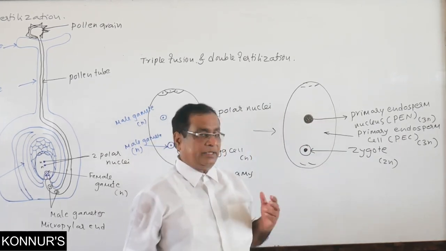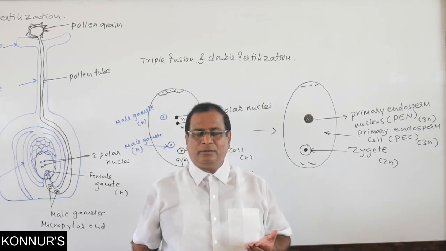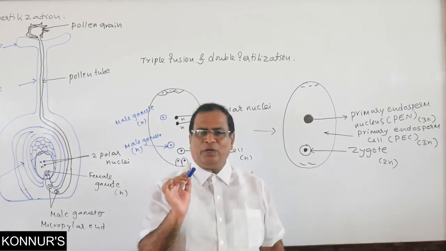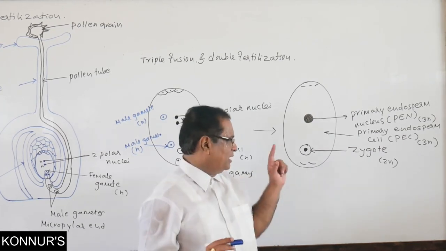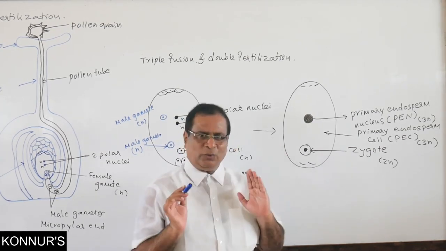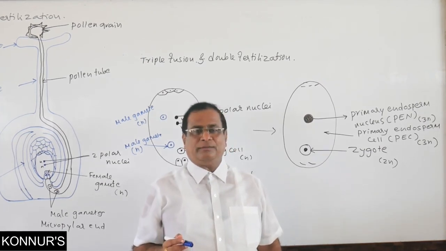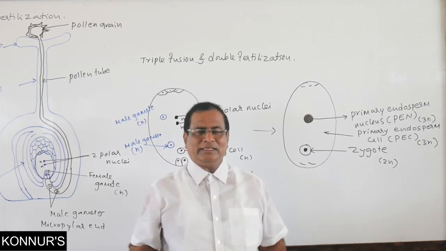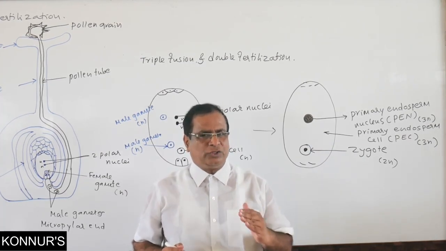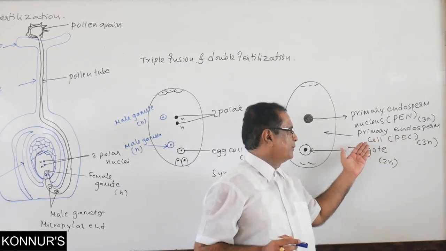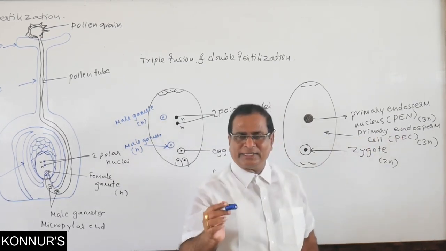And they may ask the question, which of the following is a triploid nucleus? That is primary endosperm nucleus, triploid nucleus. And the next question, which of the following is a triploid cell, that is primary endosperm cell, is a triploid cell.